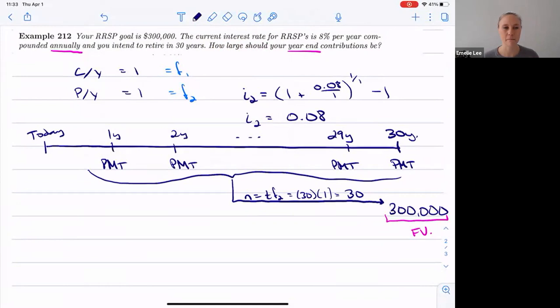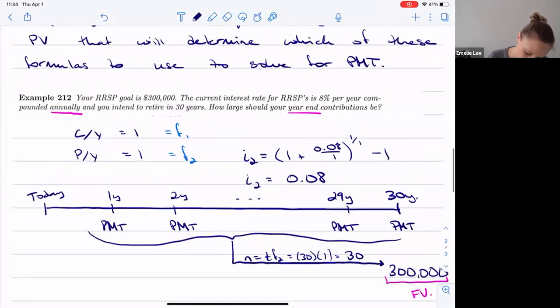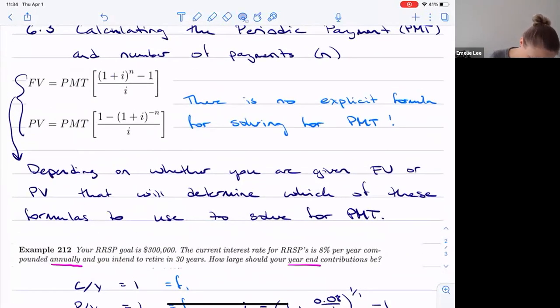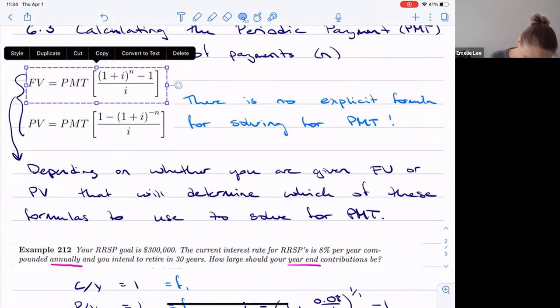Because I know the future value, if you think about it, the present value here would be 0, but if we use the present value formula, it wouldn't take this goal of 300,000 into account, so it just wouldn't work. So we're trying to save towards 300,000, so we want to use this formula here.